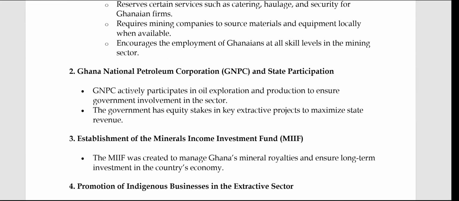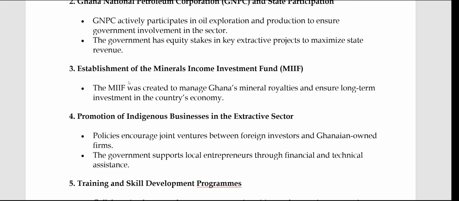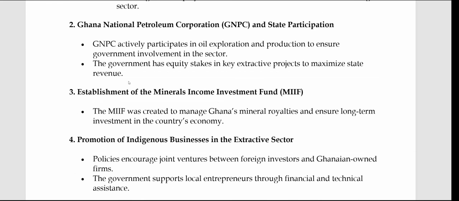Then these are some of the other local content measures that Ghana has done, apart from the local content regulation. Let's look at them and then go for a break. Ghana National Petroleum Corporation, GNPC, and state participation. GNPC actively participates in oil exploration and production to ensure government involvement in the sector.